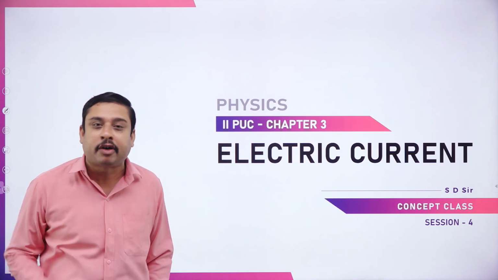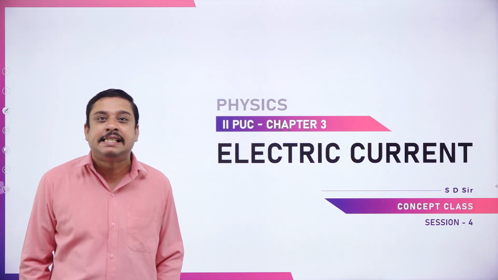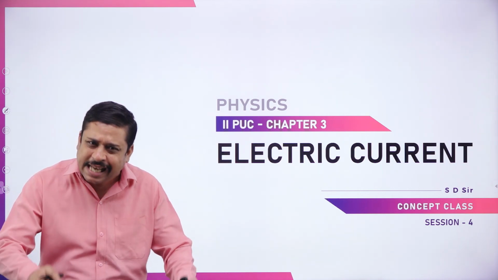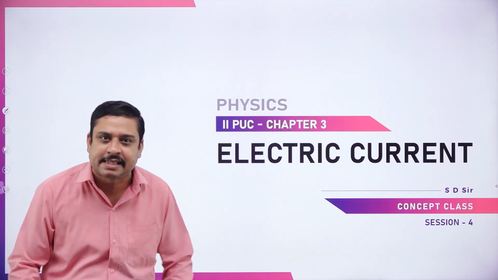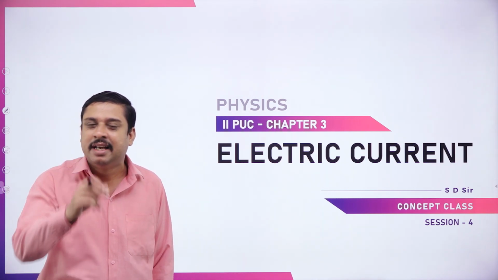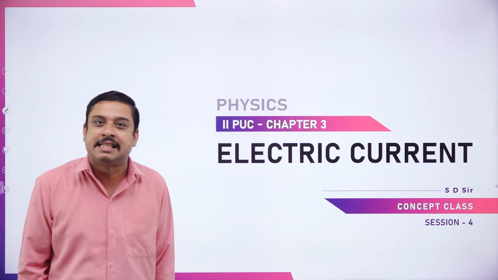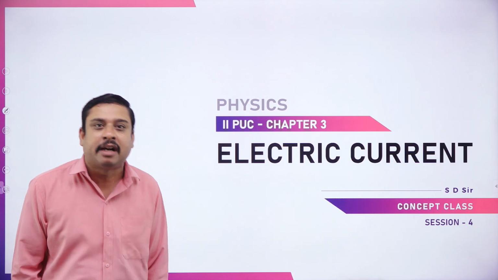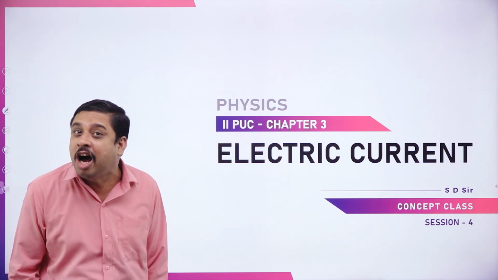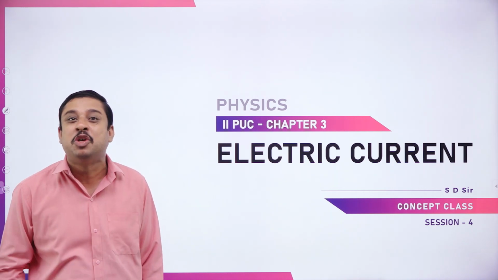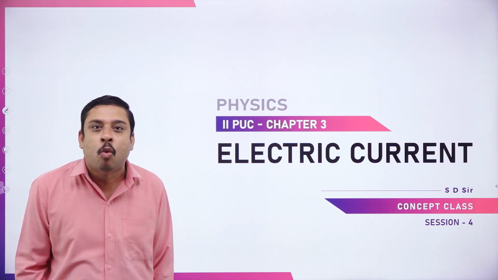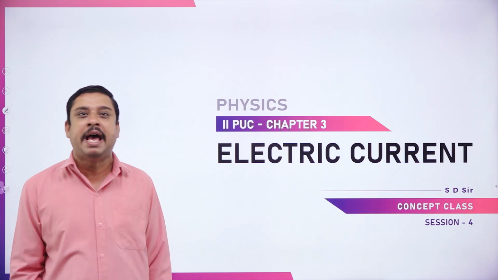And a very important definition, resistivity. What was resistivity? It was again nothing but resistance, but it was the resistance offered by a conductor whose length was 1 meter, unit length, and area of cross section 1 meter square.